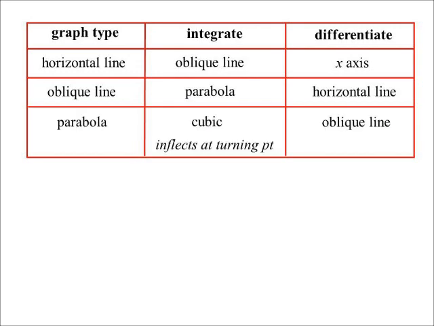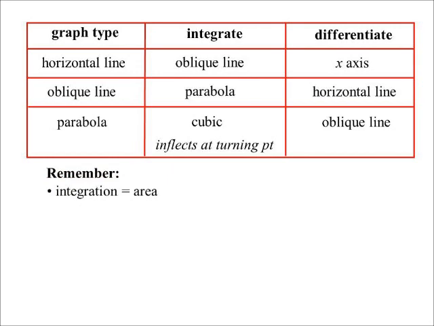If it's a parabola, then when I integrate it, I should get a cubic. And it will end up inflecting at the turning point. And that's from what we saw before. An oblique line, when we differentiate it, because differentiate a quadratic, you get a straight line.